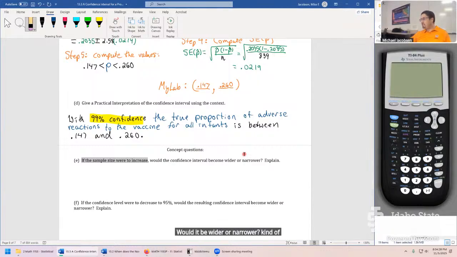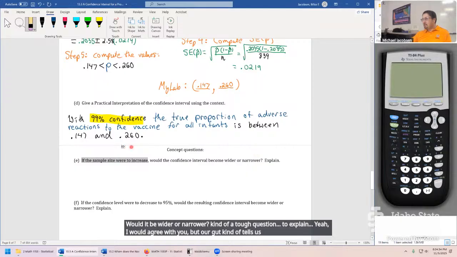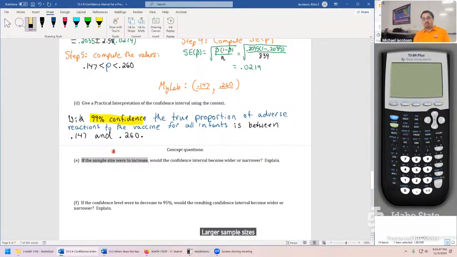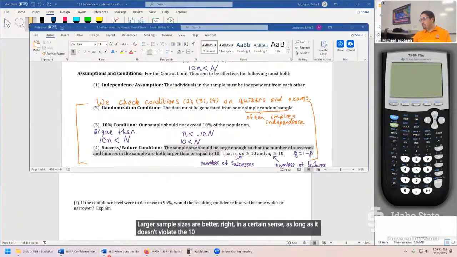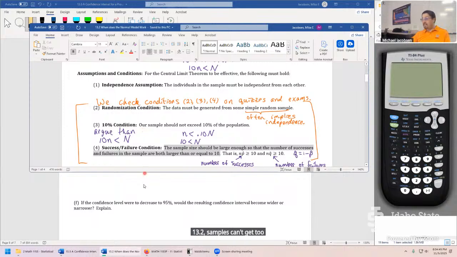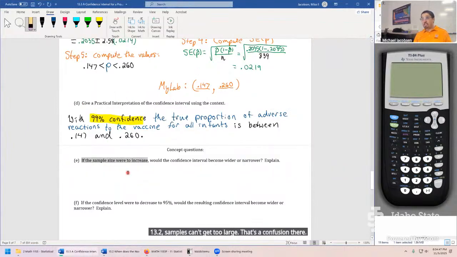Kind of a tough question to explain. Yeah, I would agree with you, but our gut kind of tells us that larger sample sizes are better, right, in a certain sense, as long as it doesn't violate the 10% condition of section 13.2. Samples can't get too large. That's the confusion there. But aside from the 10% condition, a larger sample is better.